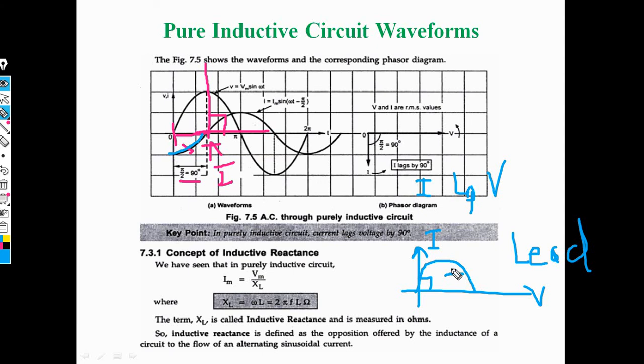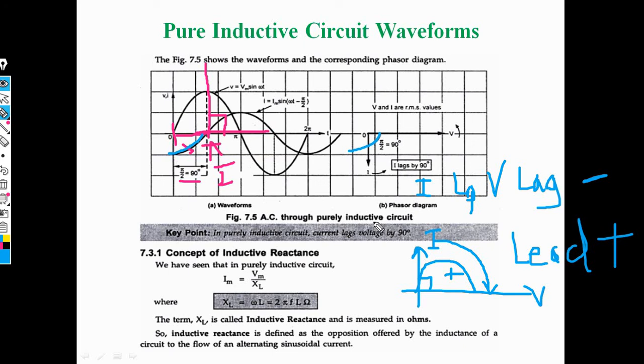Now this is the positive waveform, that is current I leads the voltage, but here current I is negative, because we have considered the negative waveform, so this I lags the voltage. This is the difference between lagging and leading, that is lag means negative and lead means positive.